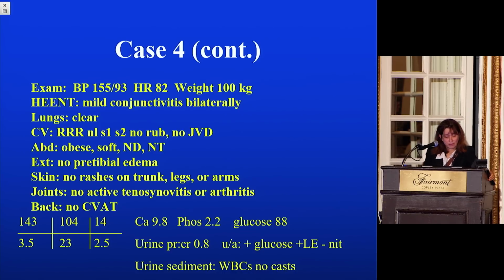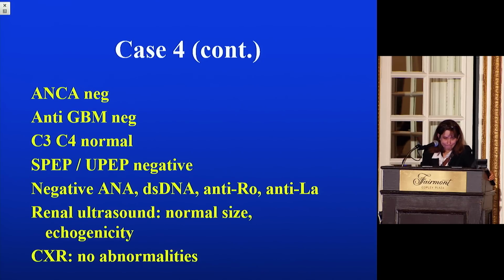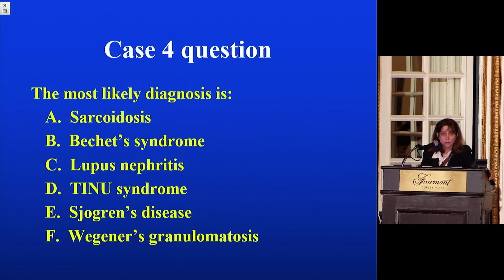She has a decline in GFR of unclear duration. Creatinine is 2.5. She has some protein, less than a gram, no white cells. ANCA is negative, GBM is negative, complement is normal, SPEP, UPEP negative, ANA, double-stranded DNA, ultrasound looks good. Most likely diagnosis is sarcoid, Behçet's, lupus, TINU, Sjogren's, and Wegener's.